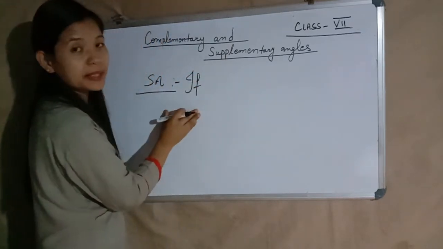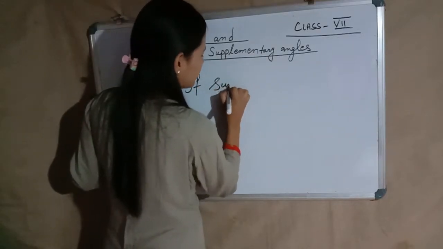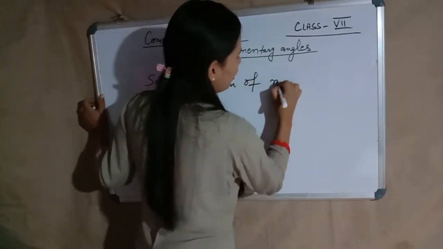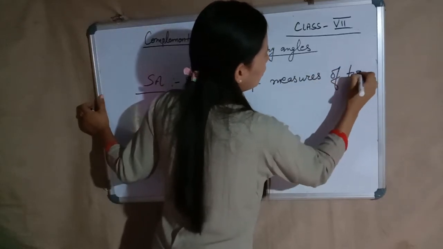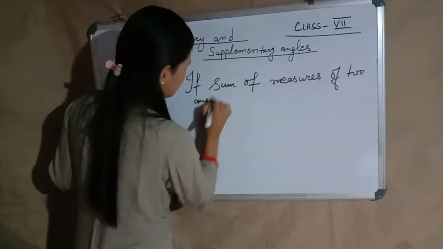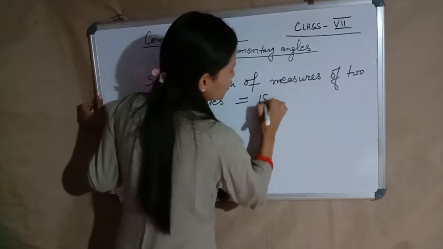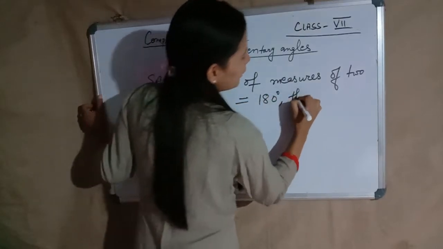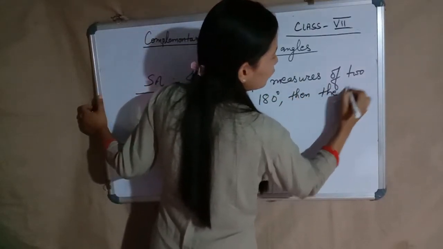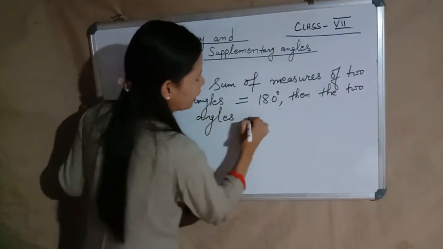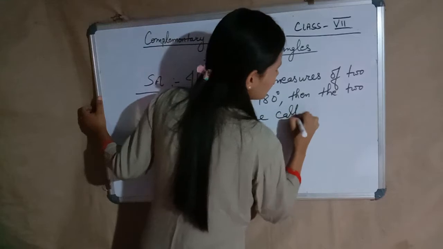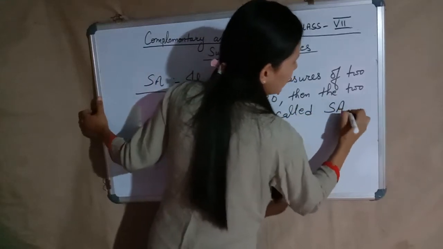We can define supplementary angles as: if the sum of the measures of two angles is equal to 180 degrees, remember we are always talking about two angles, then the two angles are called supplementary angles.